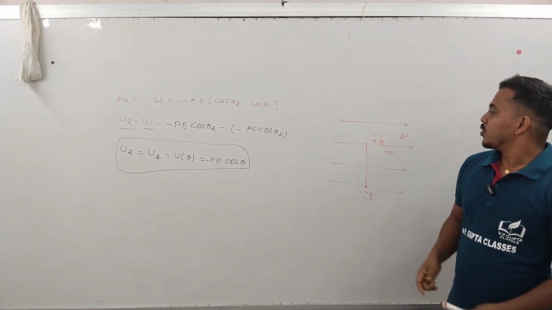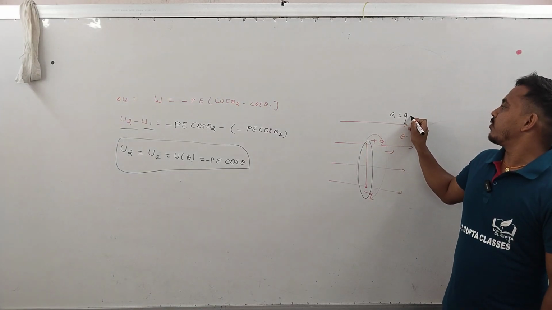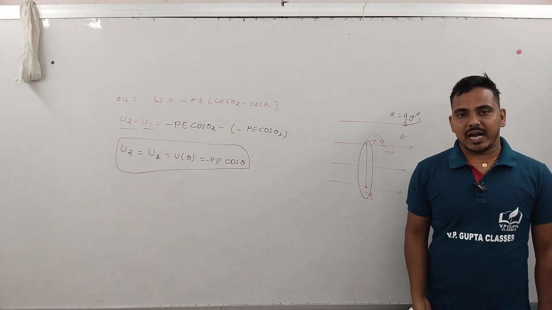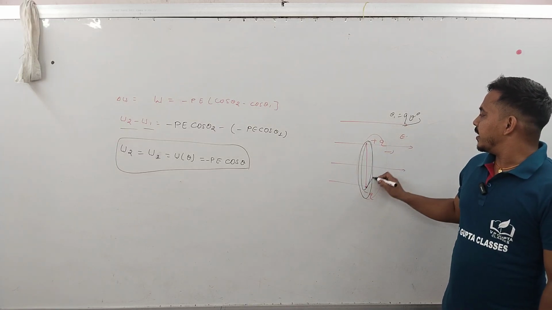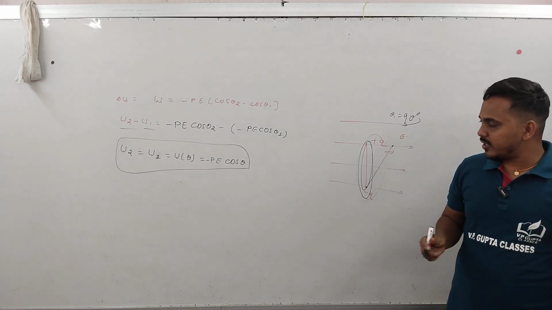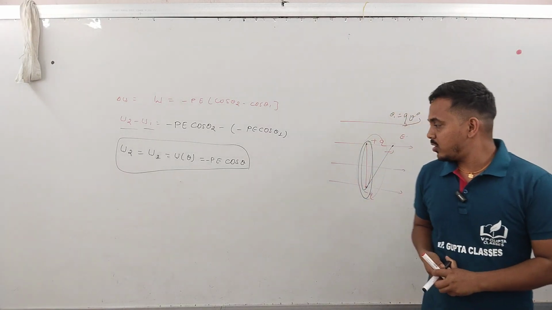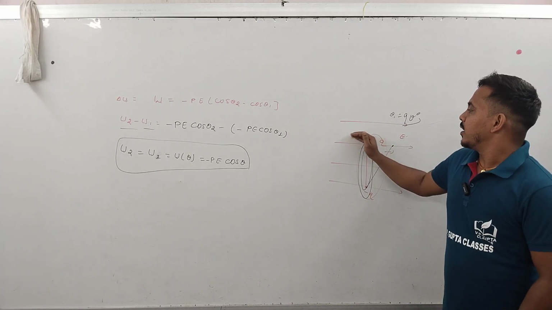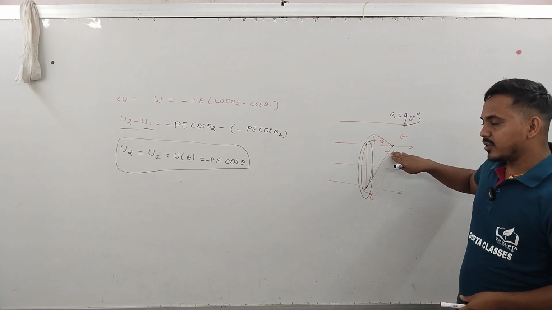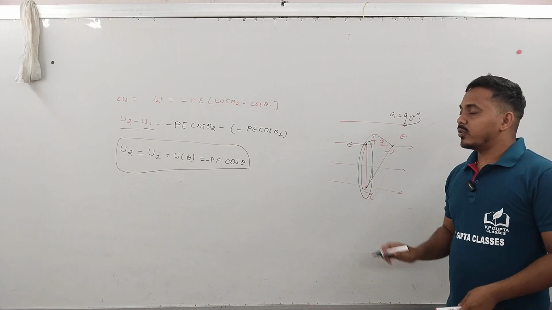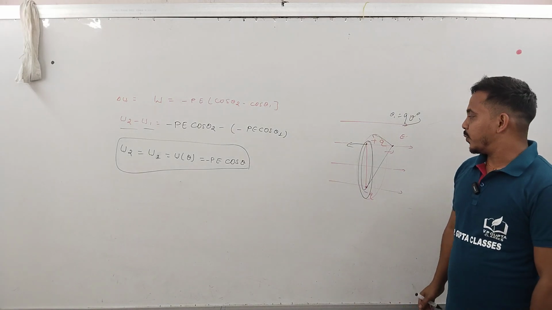So we always choose theta 1 equal to 90 degrees, where the potential energy is zero. If we apply torque in the anti-clockwise direction, the potential energy is negative on one side and positive on the other.